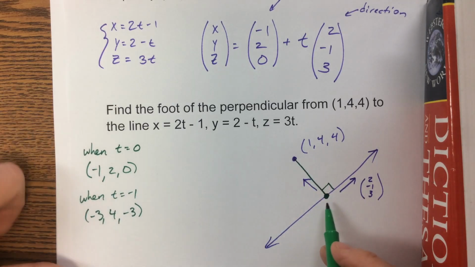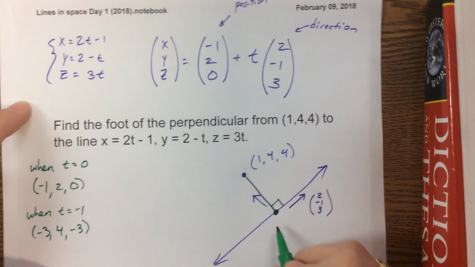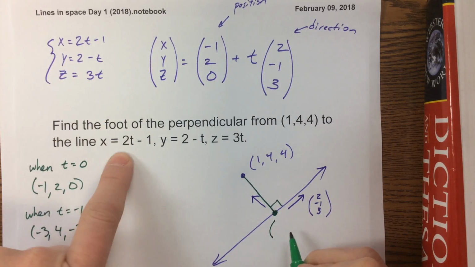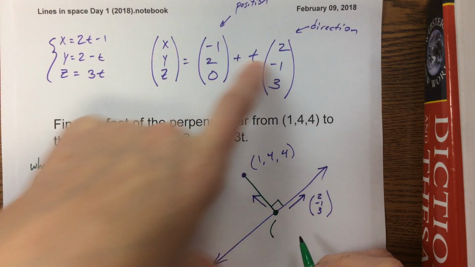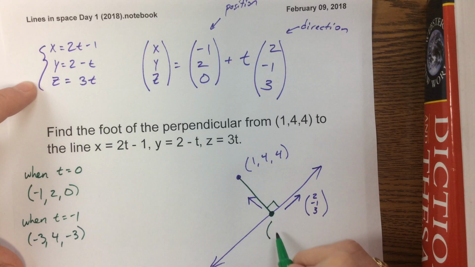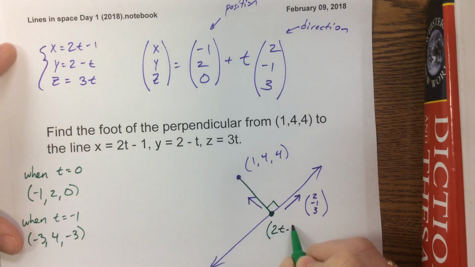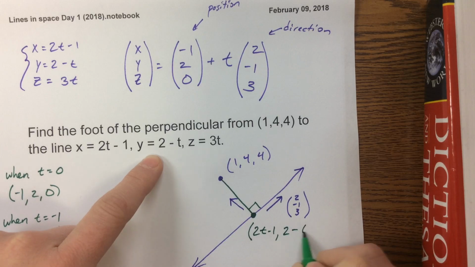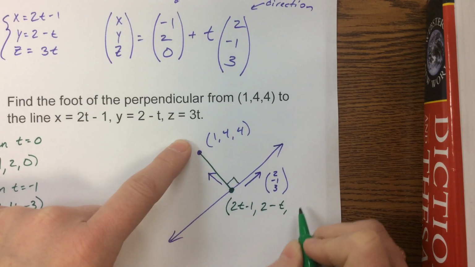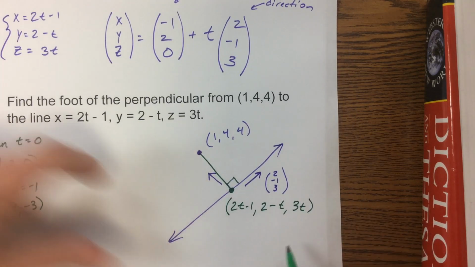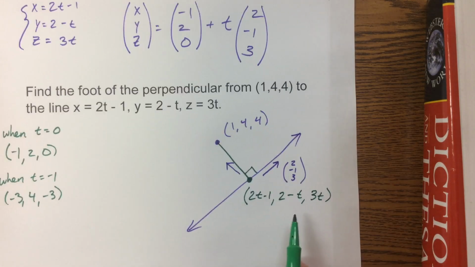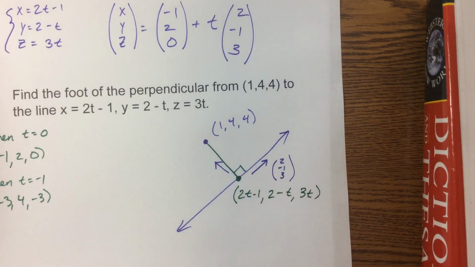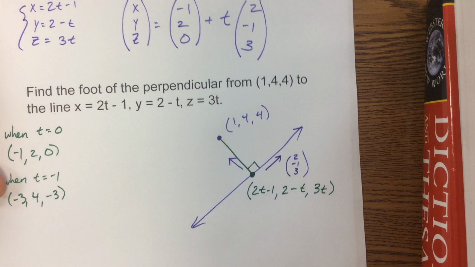The general point on this line comes from the parametric equation: the x-coordinate is 2t minus 1, the y-coordinate is 2 minus t, and the z-coordinate is 3t. That's a general point on our line, and we can plug in any value of t to find any particular point.